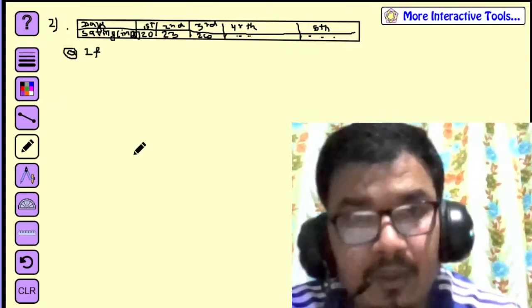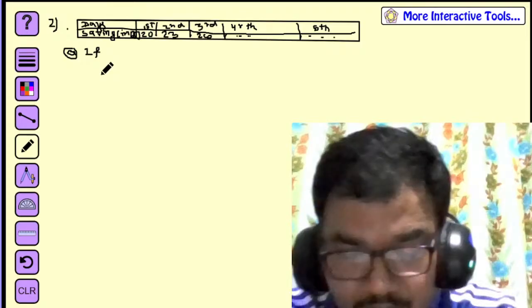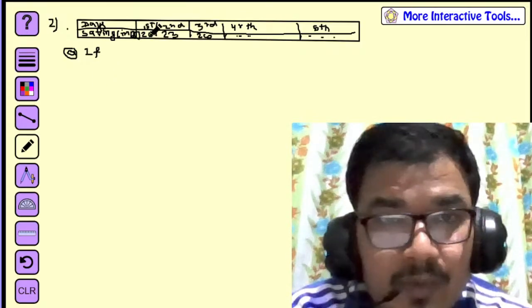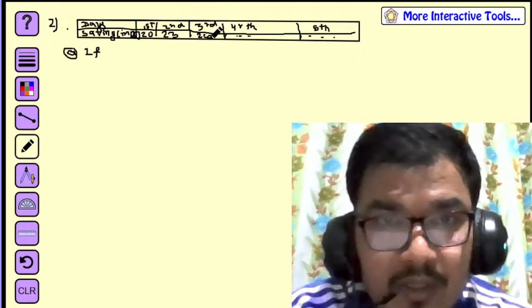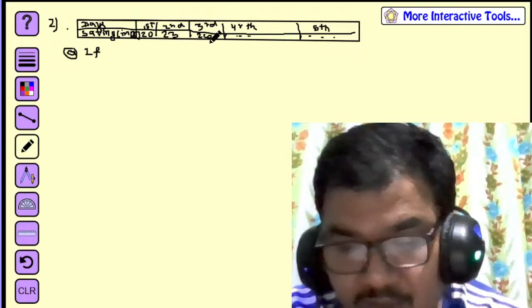Now here is the question from this table. For the first day there was a saving of 20 rupees, second day 23 rupees, and third day 26 rupees.